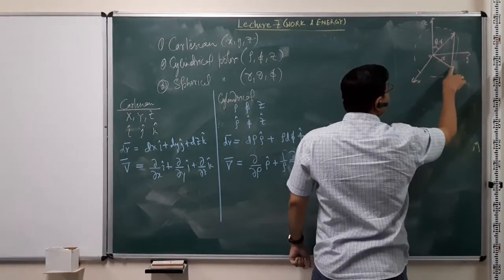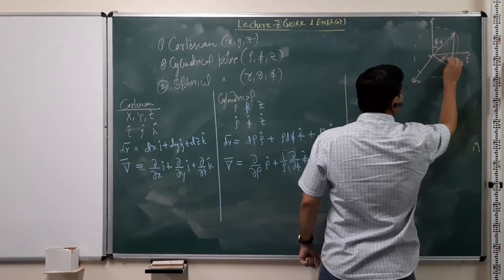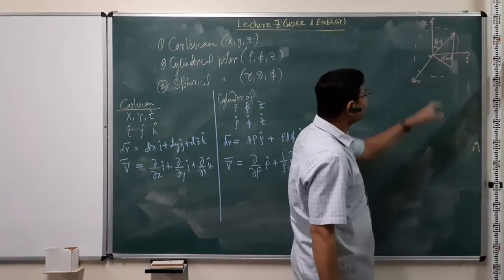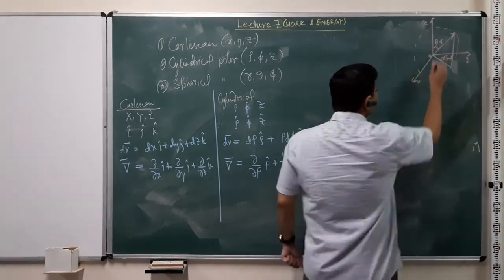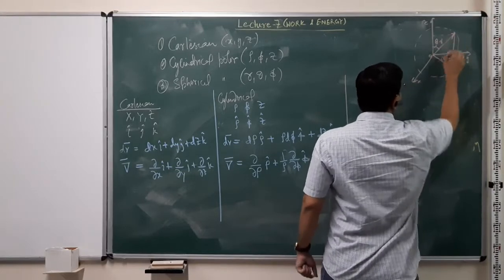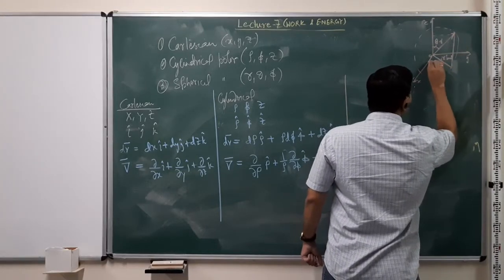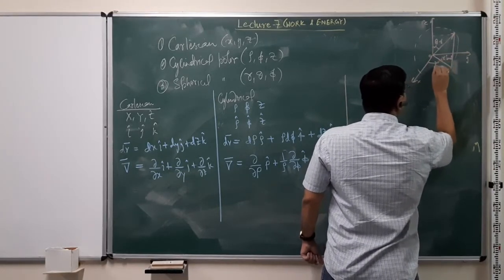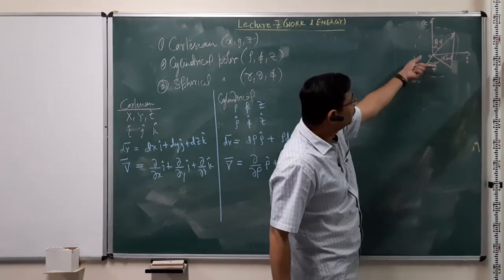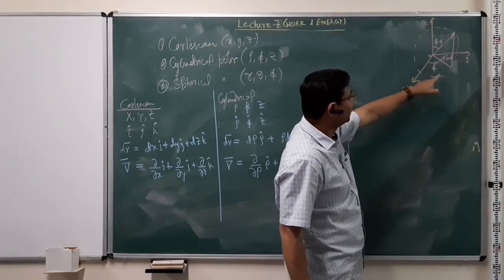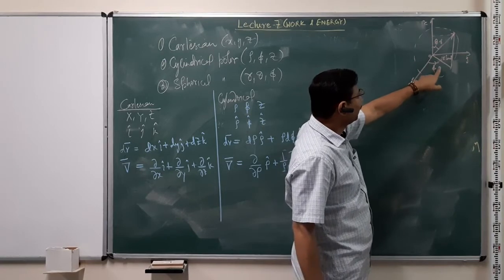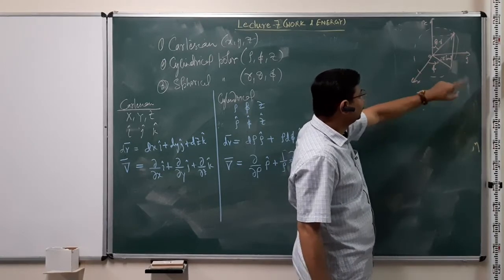Its projection on the xy plane is then r sin theta, right? Z will be r cos theta. So r sin theta, and the angle phi, and the direction of angle phi is the same as the anticlockwise direction we have been taking so far. So phi is the other coordinate which describes this.